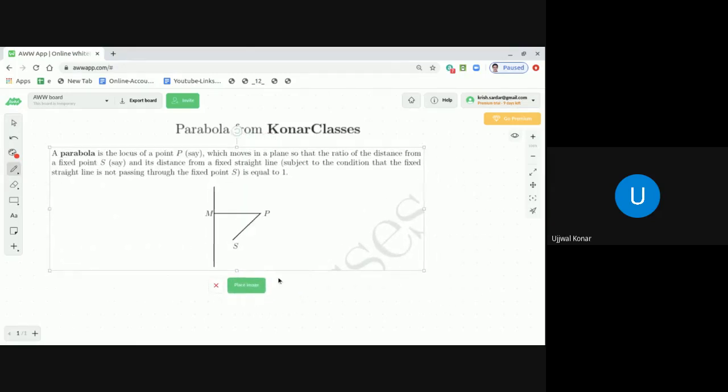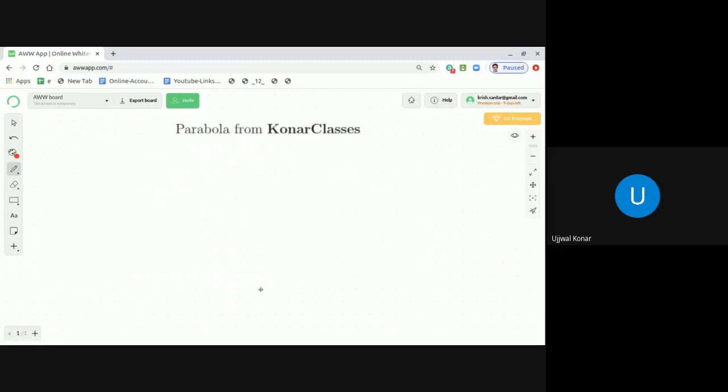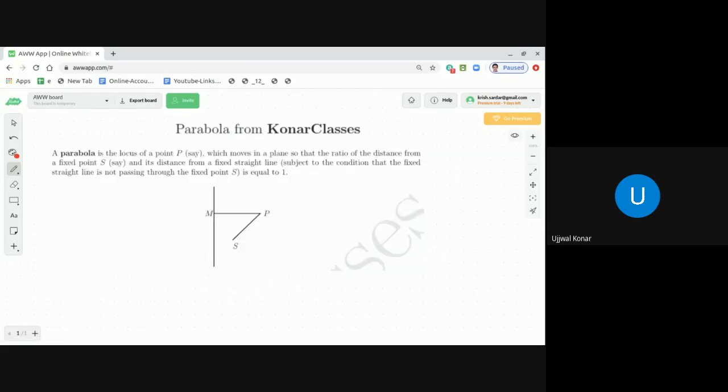A parabola is the locus of a point P. Suppose this is the point P, which moves in a plane so that the ratio of the distance from a fixed point S, and its distance from a fixed straight line, subject to the condition that the fixed straight line is not passing through the fixed point S, is equal to 1.